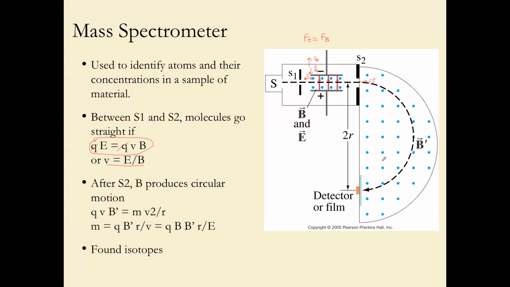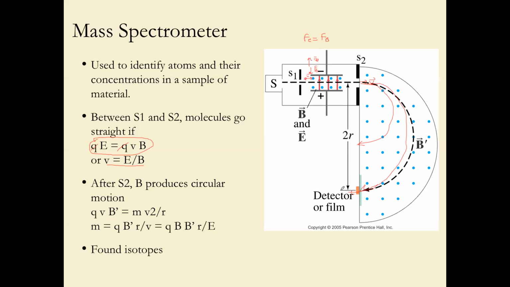But after just a half circle, as in here, they either strike the wall, or they pass through a small opening right here to the detector.